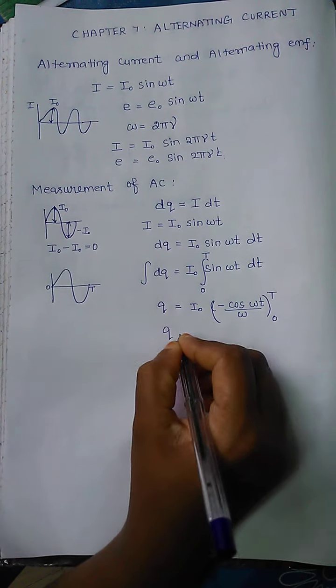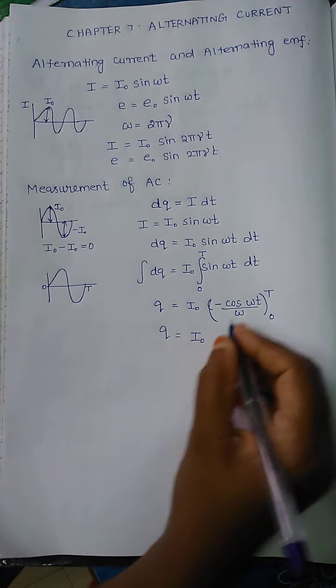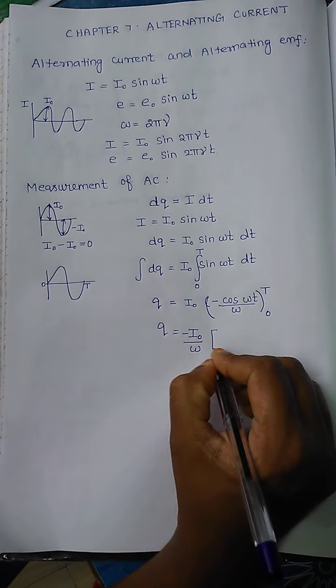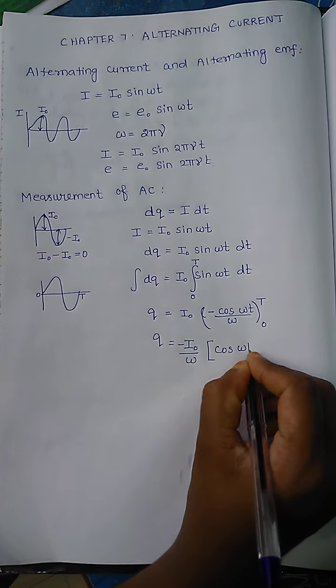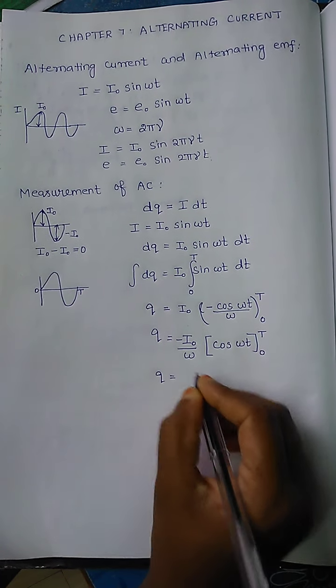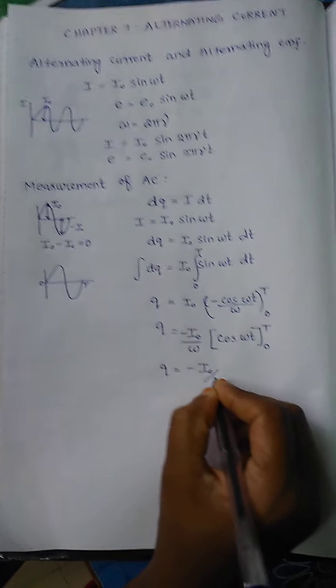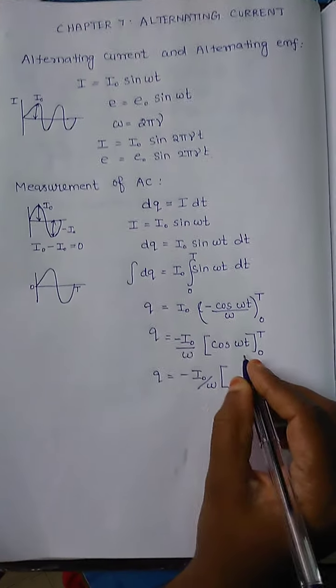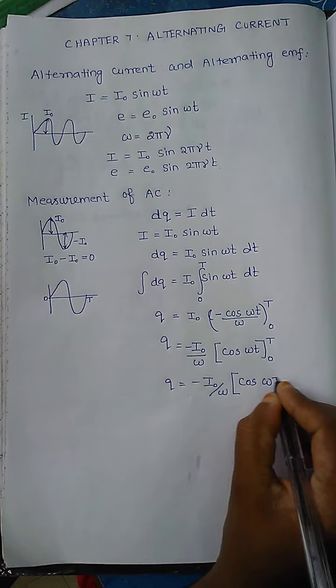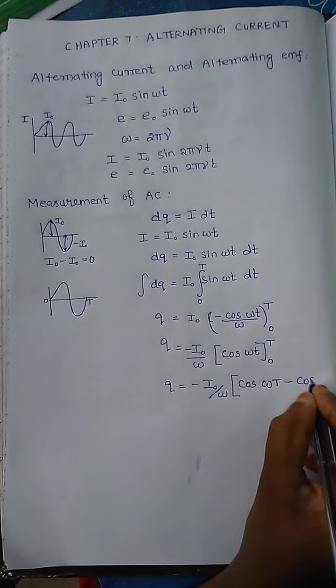Then q = minus I naught by omega, taking the negative sign outside, times cos omega t with limits 0 to T. Substituting the limits, upper limit minus lower limit, we get cos omega T minus cos 0.